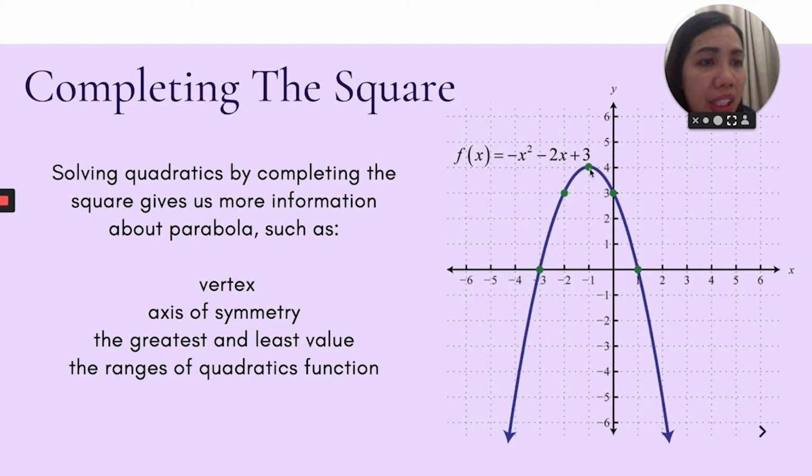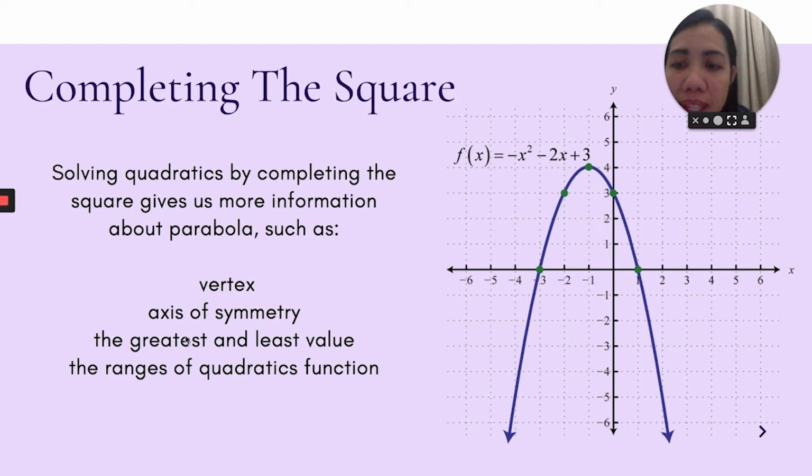So this is the point where the parabola changes its direction, so it's called the vertex. In here, the vertex is minus 1, comma 4. So the vertex for this quadratic equation is minus 1 comma 4.